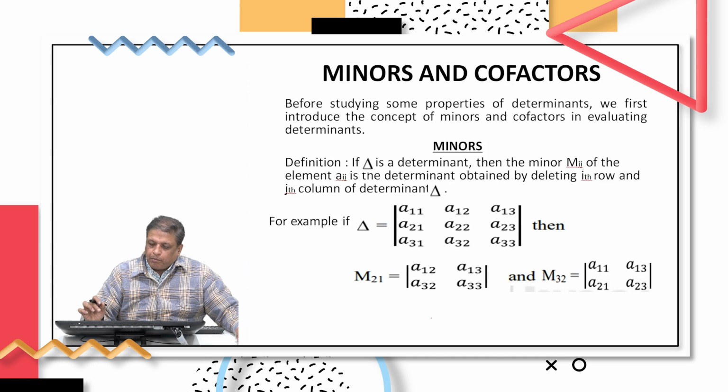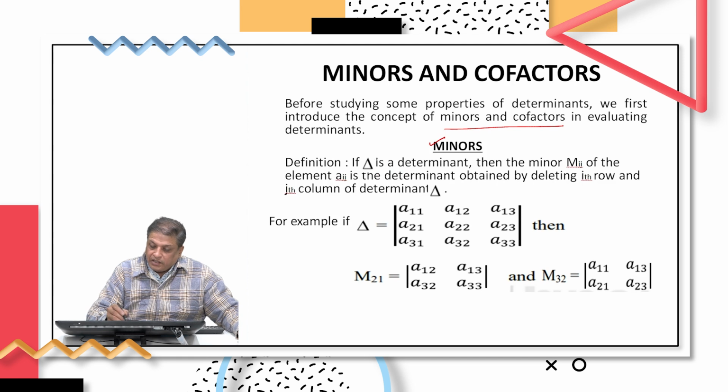Now again there is an important concept of minors and cofactors. Before studying some of the properties of the determinants, we introduce the concept of minors and cofactors. Now what are minors?